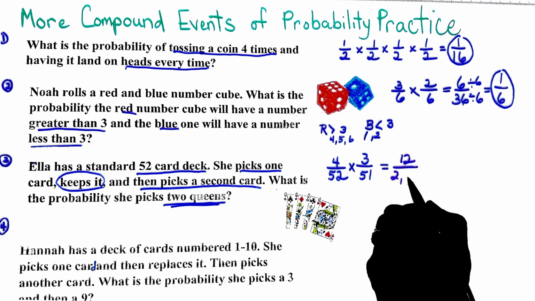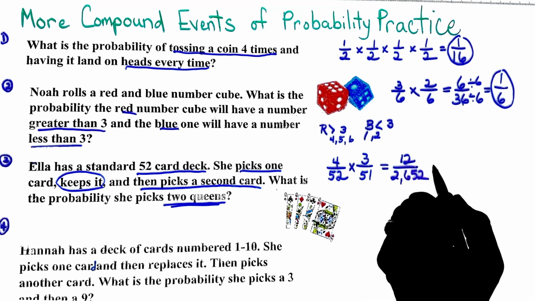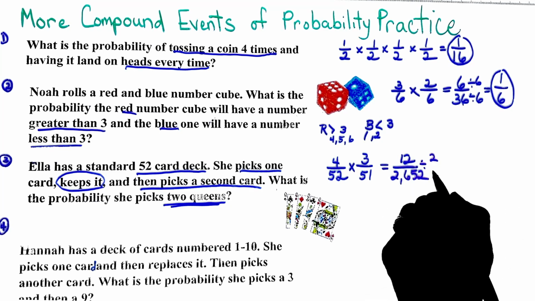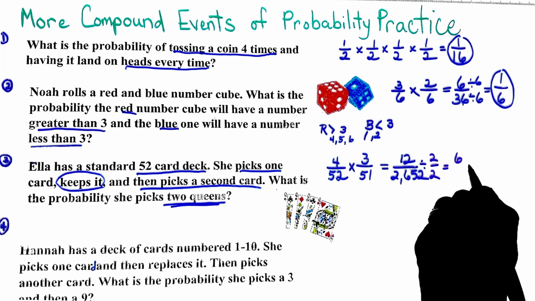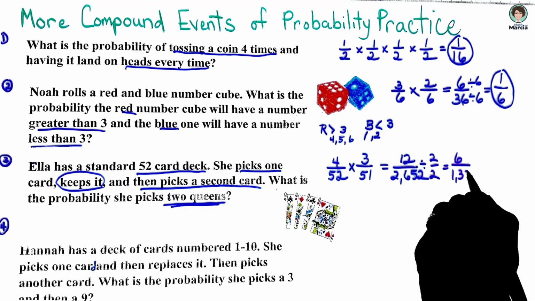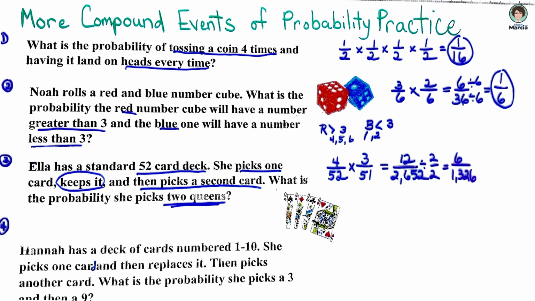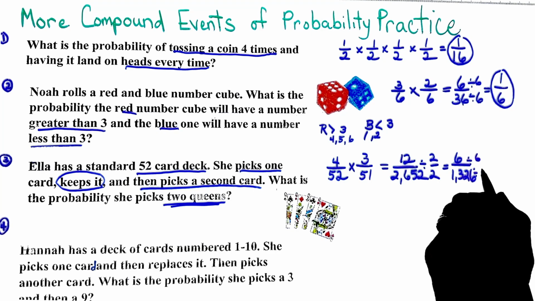2,652. Well, if you're not sure what can go into that, I'm going to start just by dividing by 2's because they're both even. And I do get 6 over 1,326. Well, when I saw that, I'm thinking 6 might go into both of these numbers.